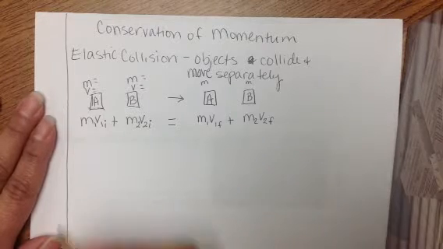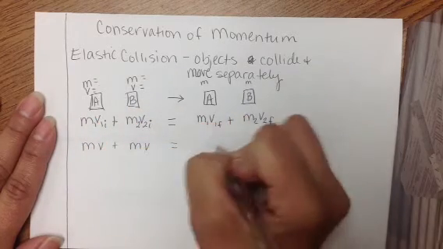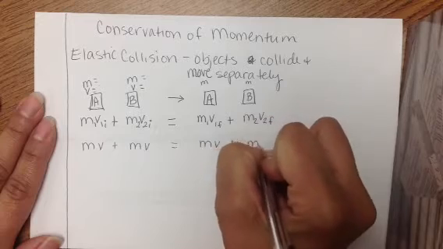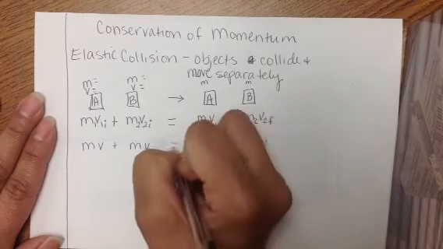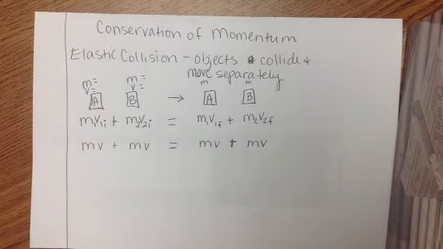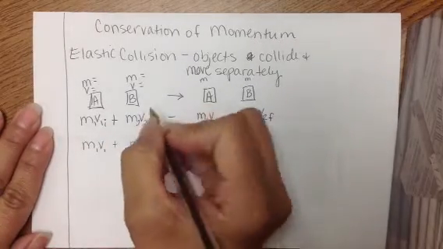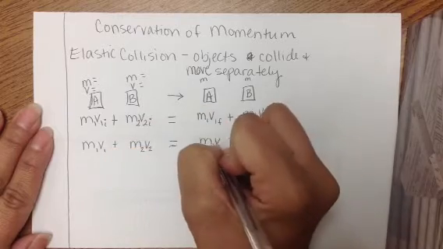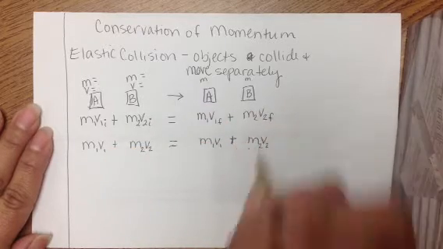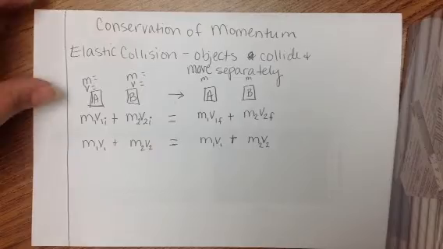Most students, however, prefer to just say MV plus MV equals MV plus MV, which is completely fine as long as you are keeping the information separate and combining those numbers according to the situation that you're given. I will typically write it as M1, V1, M2, V2 on each side, again, just to make sure you don't mix up your variables. And that's the idea behind elastic collisions.